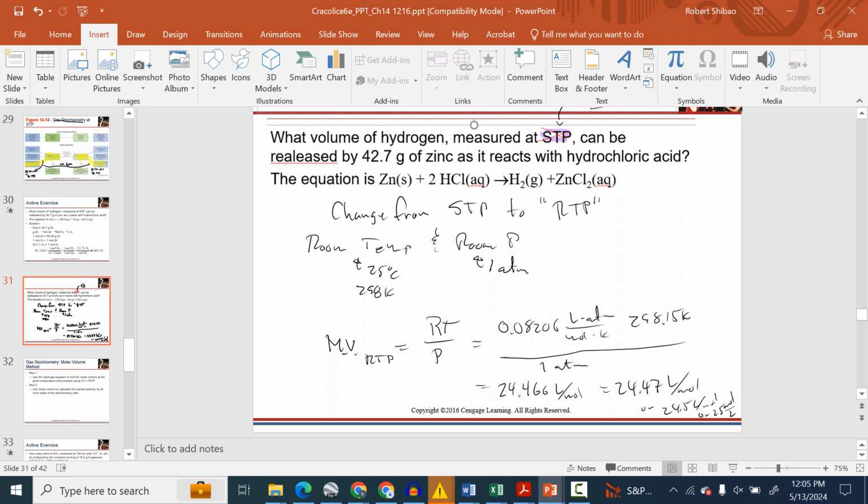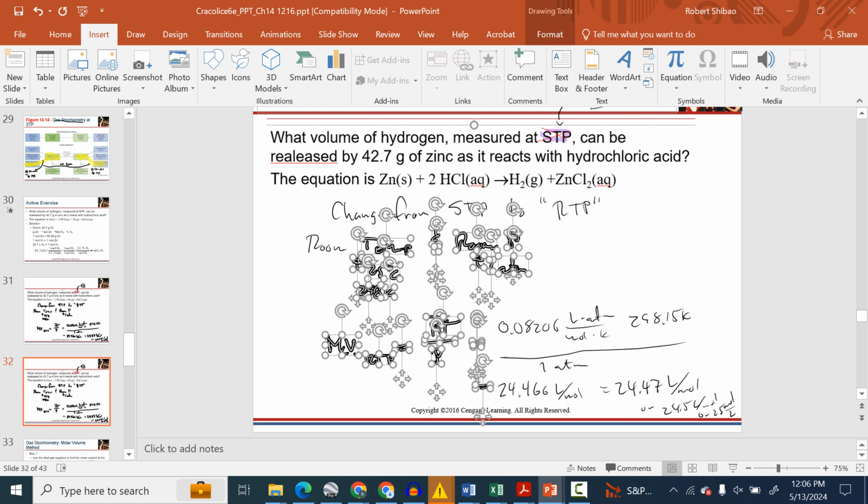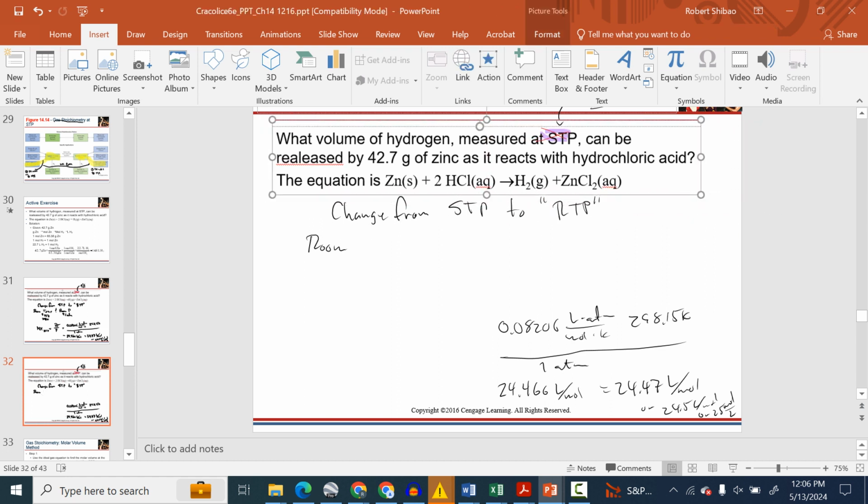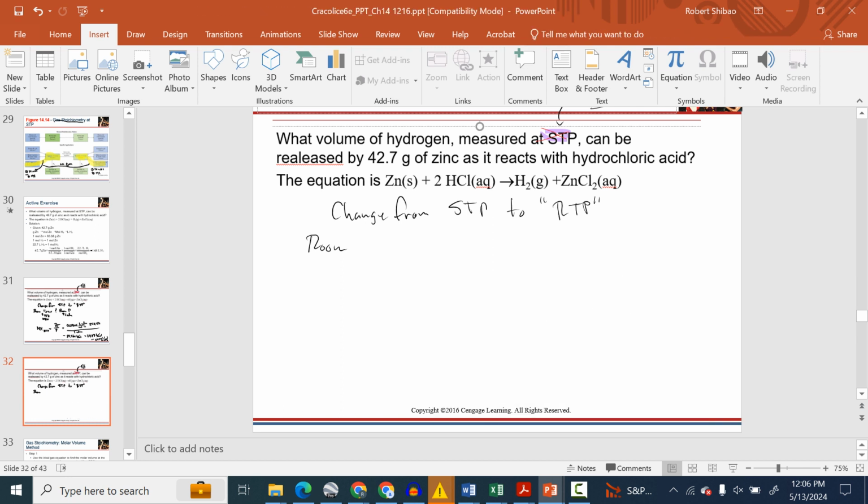Let's go ahead and do this particular problem here. We're going to go from grams of zinc to moles of zinc, and then from moles of zinc to moles of hydrogen, and from moles of hydrogen to volume of hydrogen.